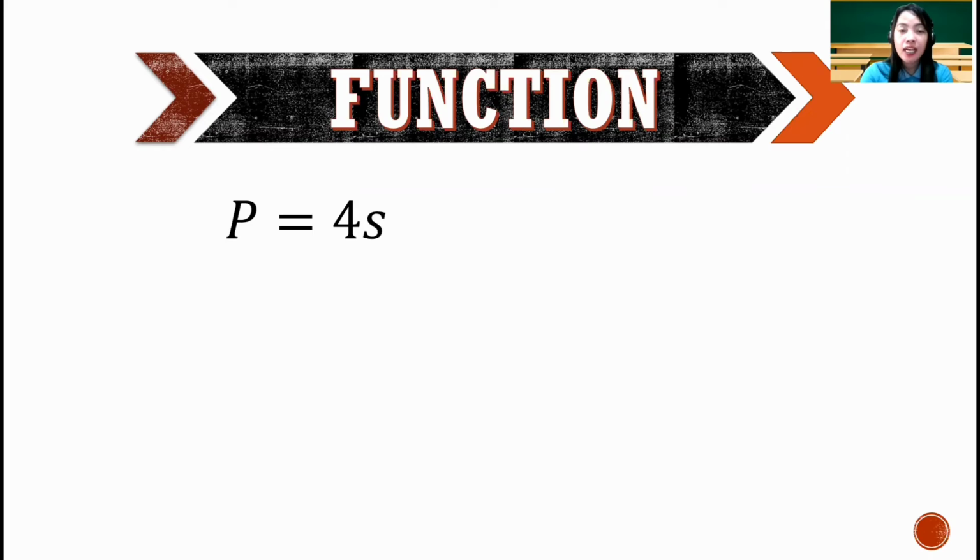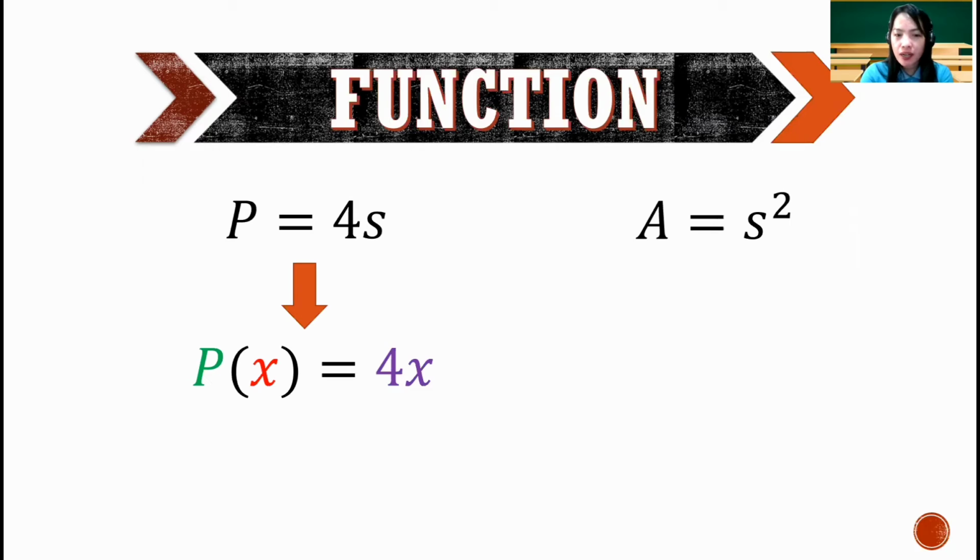Imbes na gumamit ng formula para sa perimeter ng isang square, which is p equals 4s, this can be written as the function p of x equals 4x. Para naman sa area ng square, which is a equals s squared, this can be written as the function a of x equals x squared. This would make it easy for you in evaluating the results if you have different values of x.